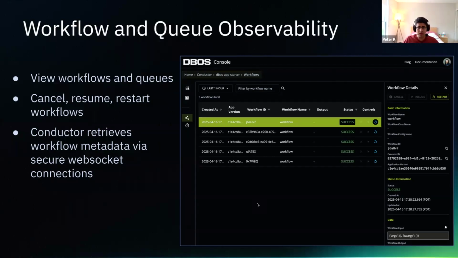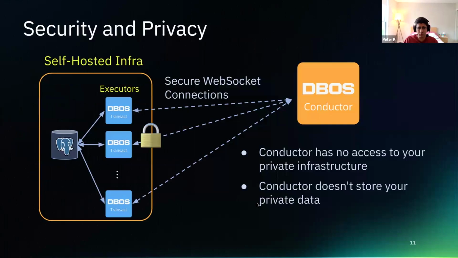And the reason we designed it this way, the reason it has this architecture, is to make it secure and private. Conductor doesn't need any access to private infrastructure. It doesn't need to be able to connect to your executors. It doesn't need to be able to connect to your database.